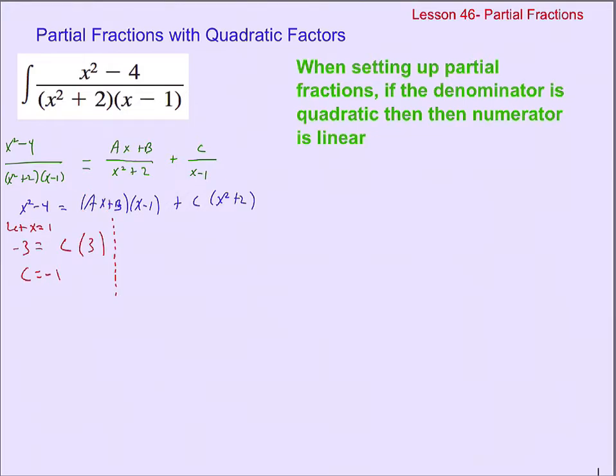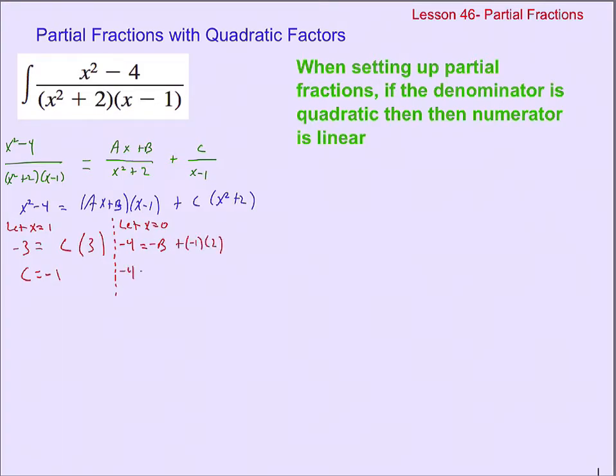So that's our next strategy, is to let x equal 0, and then we would have 0 minus 4 equals A times 0, which I'll just ignore, plus B times 0 minus 1, so that's negative B, plus C, which we already know is negative 1, times 0 plus 2, which is negative 1 times 2.